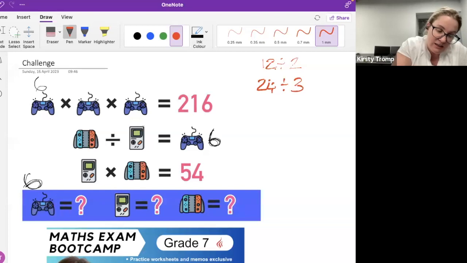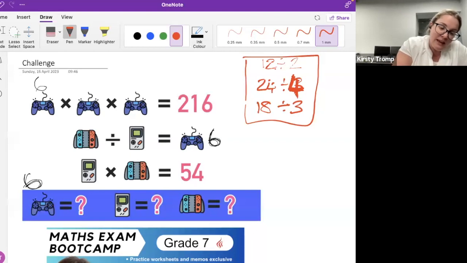Sorry guys, 24 divided by 4 gives me 6. What am I saying? I'm losing my mind here. Okay, 24 divided by 4 will give me 6. What other numbers? 18 divided by 3. Okay, so we've got a nice little list there, hey?